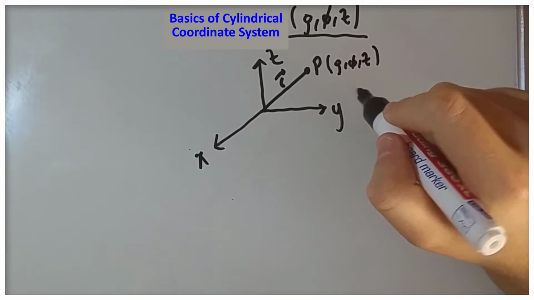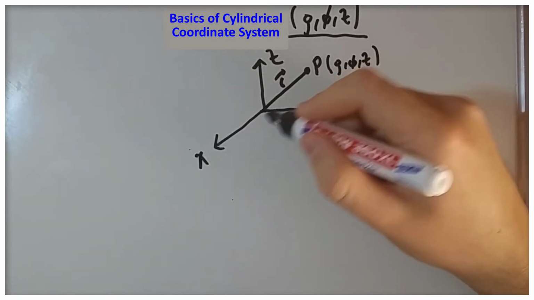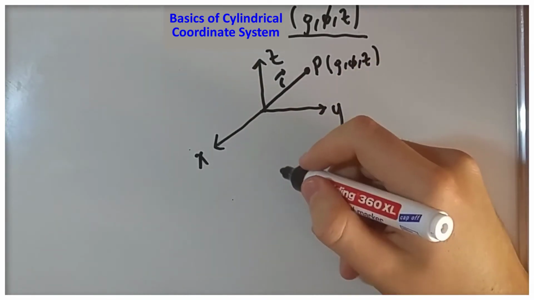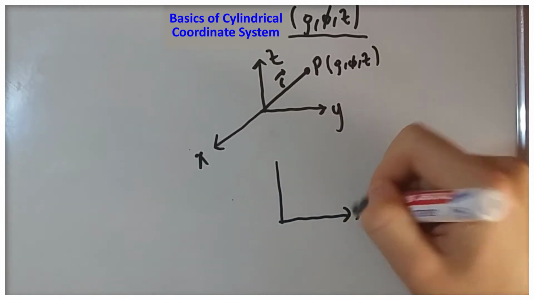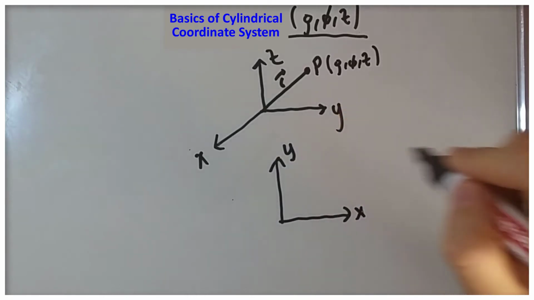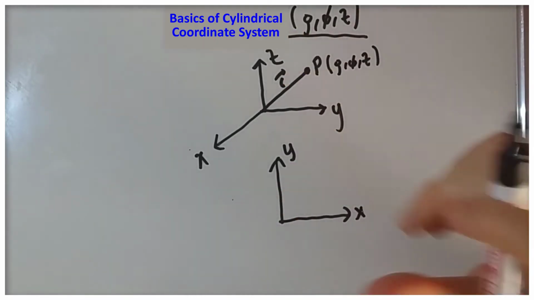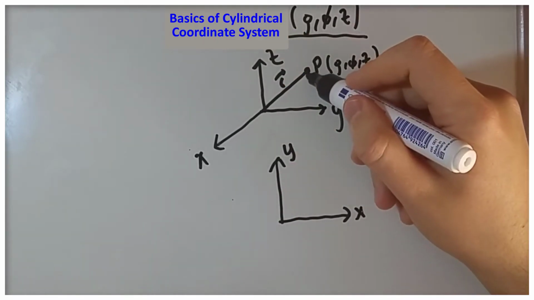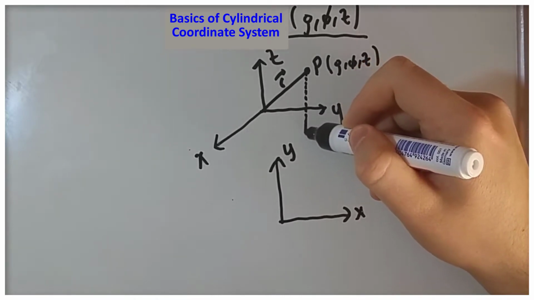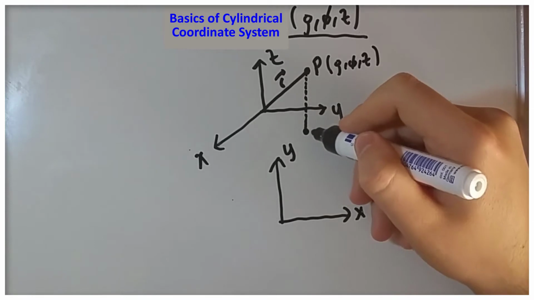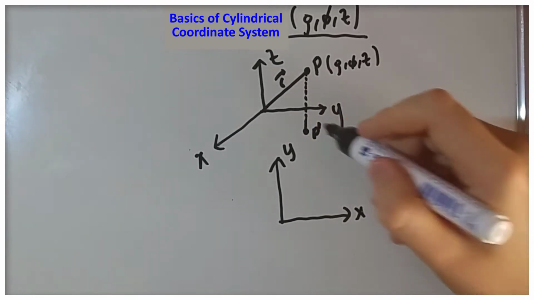Let us state this. Let's take the xy plane first. Imagine drawing the xy plane again in this figure. I just took the xy plane, so I reduced it from 3 dimensions to 2 dimensions now. Then I projected this observation point P on the xy plane and I called it P prime.